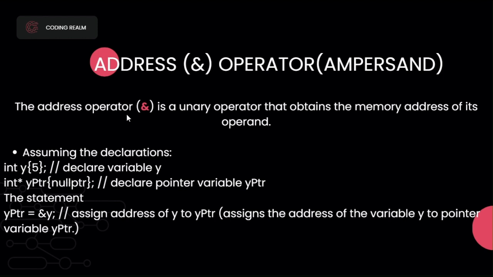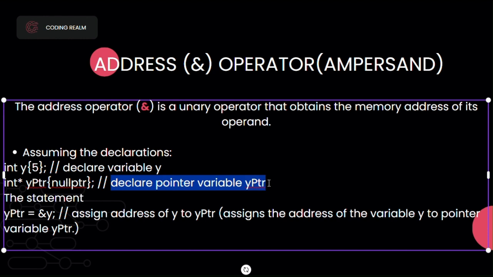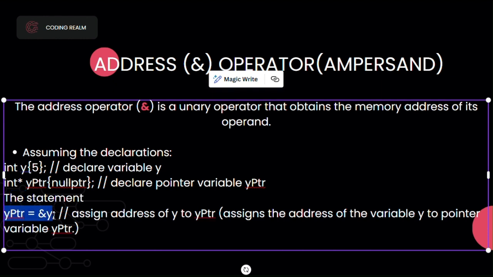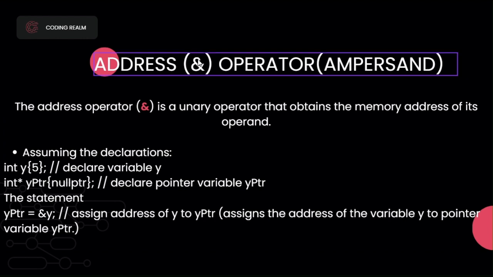For example, here first I declare an integer variable y, and int *yPtr, which declares the pointer variable yPtr. The statement yPtr = &y assigns the address of y to the pointer yPtr. That's how I use the address operator.